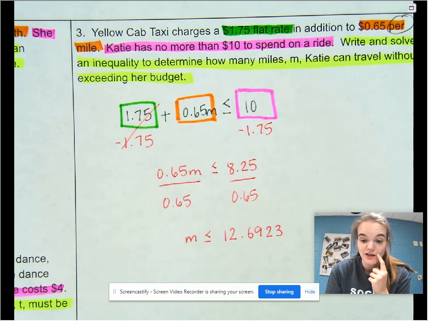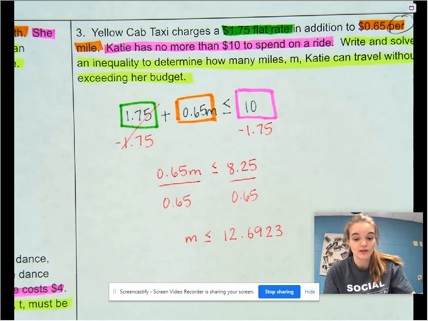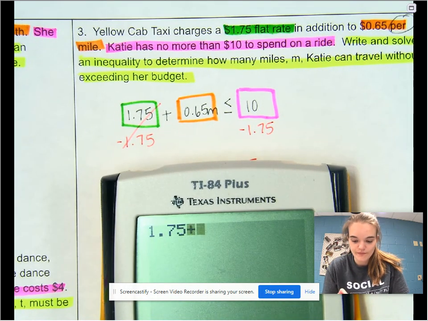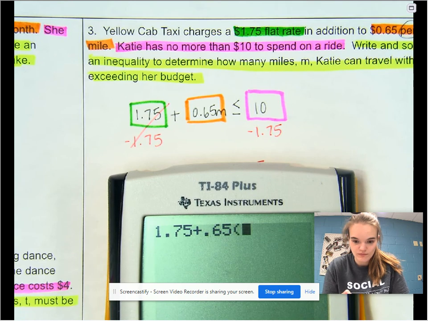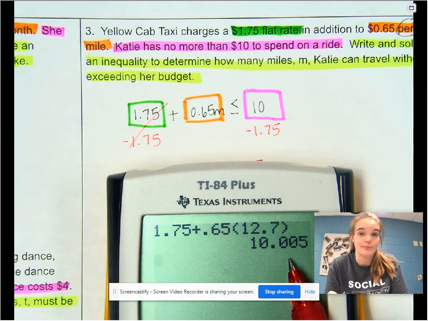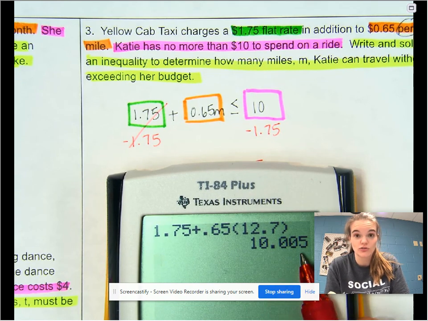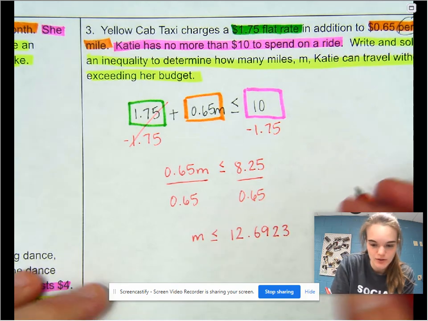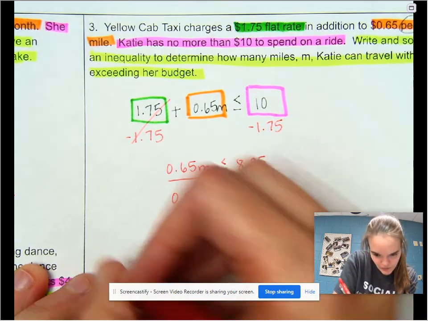But wait, she can't spend more than $10. If I plugged in 12.7, it comes out to a little more, barely, but a little more than $10. She can't afford that. We have to round down, not up, because she doesn't have that kind of money.